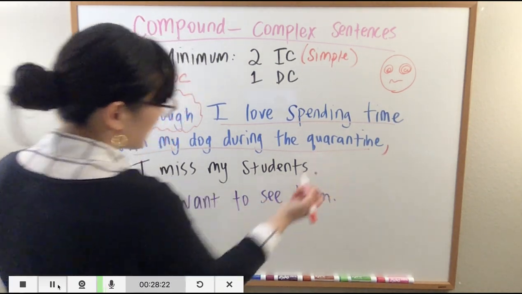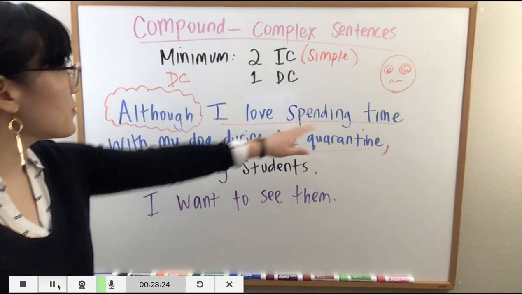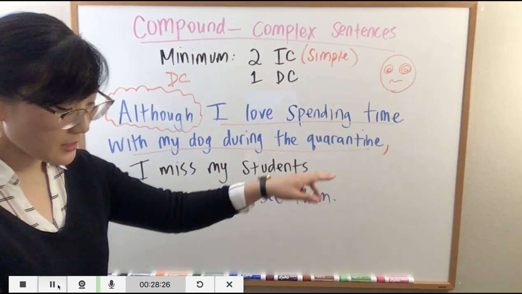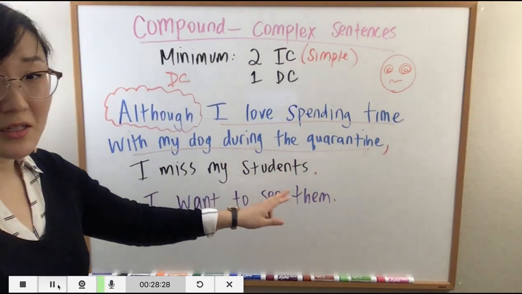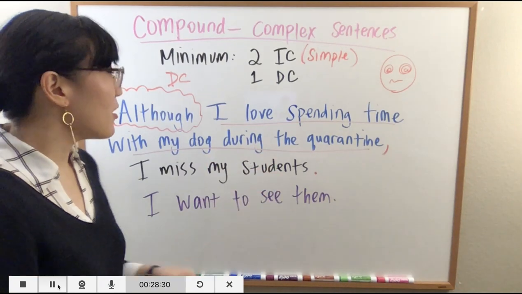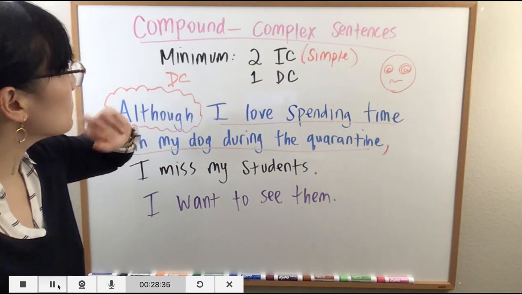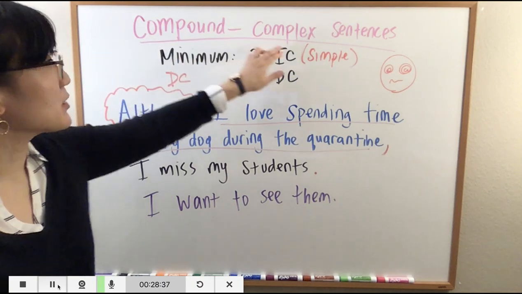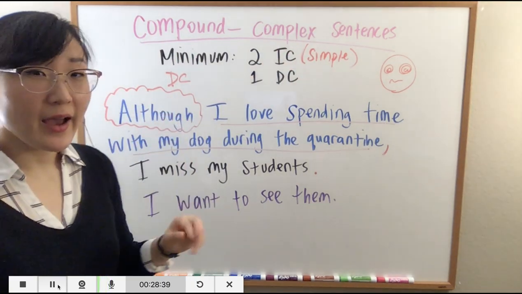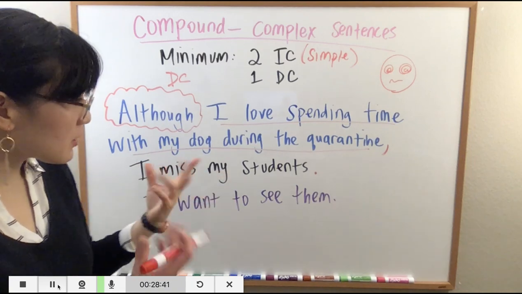If I want, I can have a period there. Although I love spending time with my dog during the quarantine, comma, I miss my students. Okay, but I have one dependent clause, one independent clause. But to have a compound complex sentence, I need a FANBOYS. I need it to be longer.